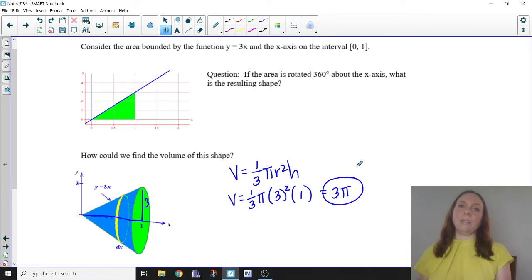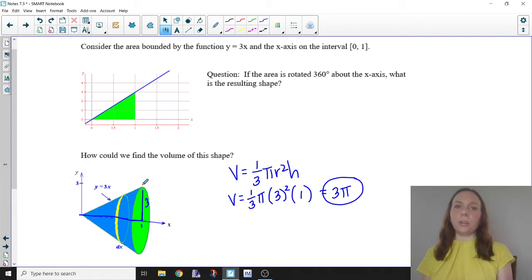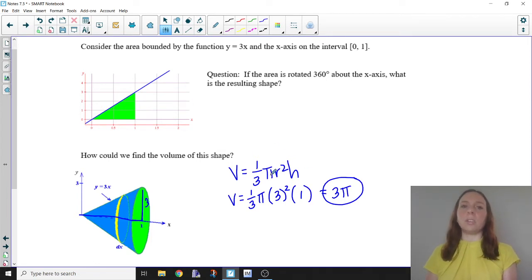Okay, but again, when we move from a linear function to a curved function, we're going to have trouble if we're trying to focus on just using formulas of shapes that we know, like cones and cylinders and that kind of thing. Well, actually, we're still going to stick with a cylinder, but in a little bit of a different way. Notice that what is marked here in yellow is sort of the outline of what we call a cross section of this solid.